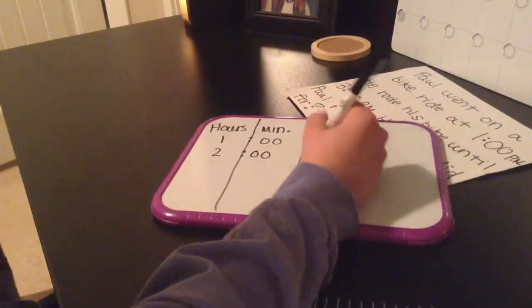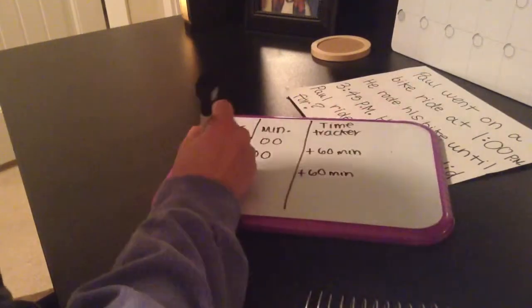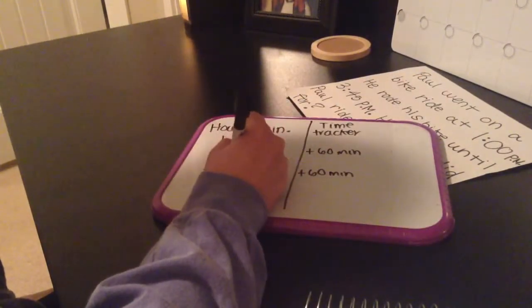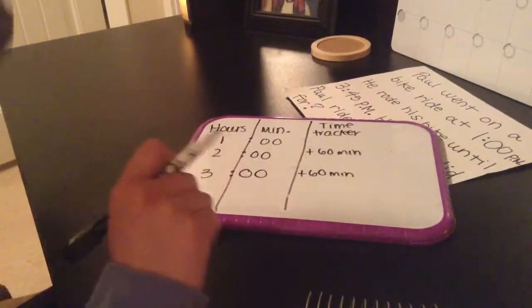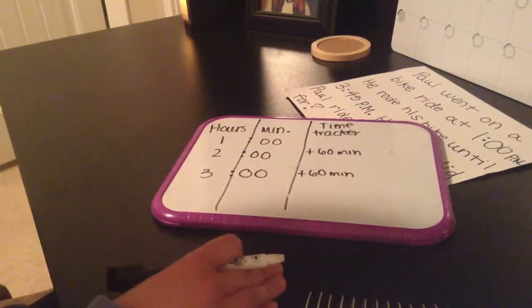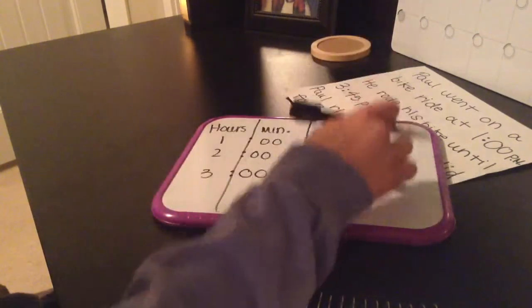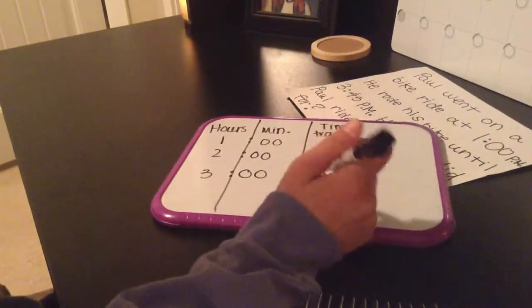So we're going to add another 60 minutes. And we're going to put the 3 in the hour column and 0, 0 in the middle column. So now we see that we have had 2 60 minutes, which equals 2 hours, and we have gotten to 3 o'clock.